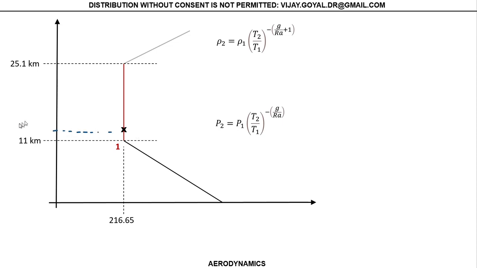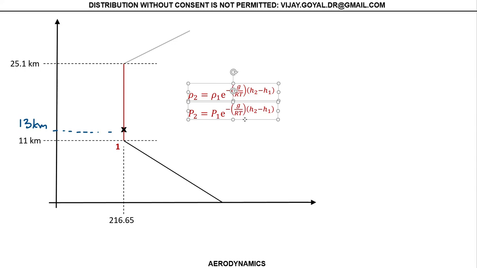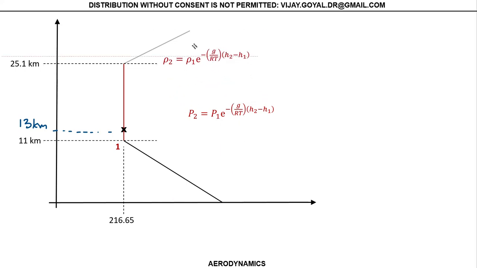This is at 13 kilometers. This is where I want all my pressure and temperatures. So at 14 kilometers, these are the equations for this section, for my pressure and my density.